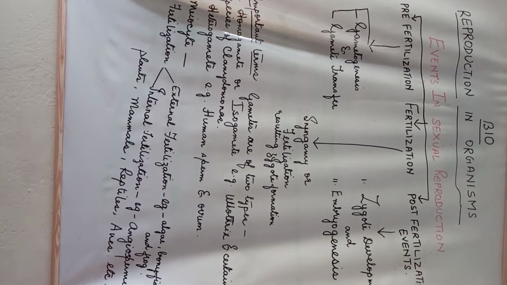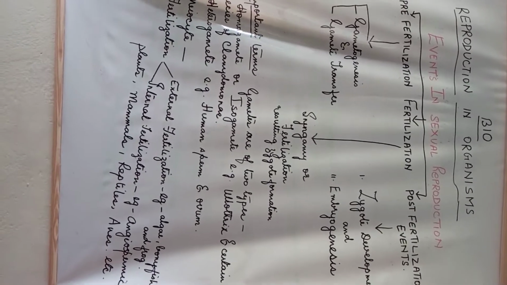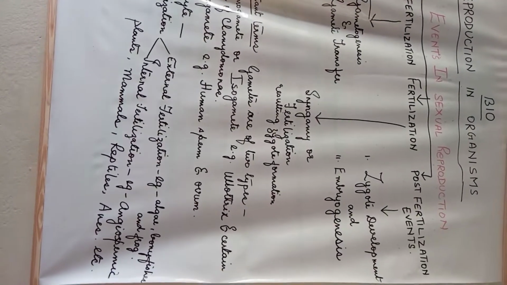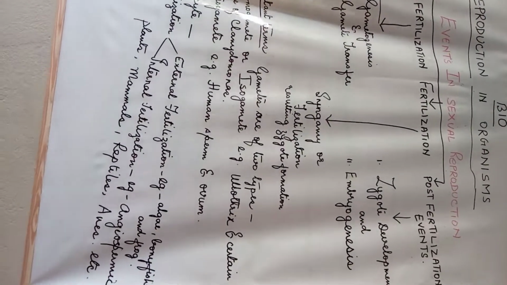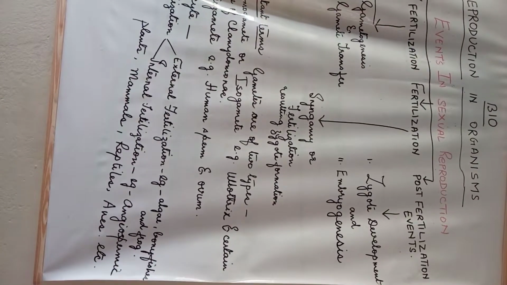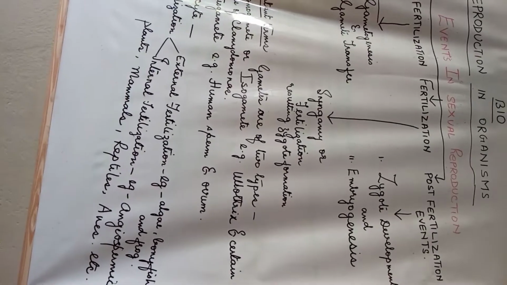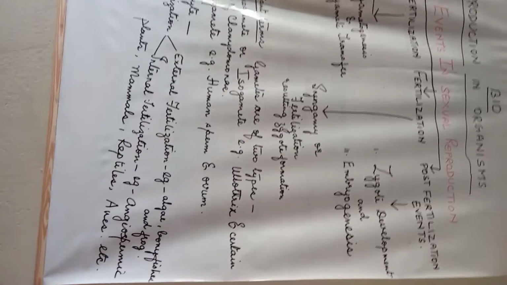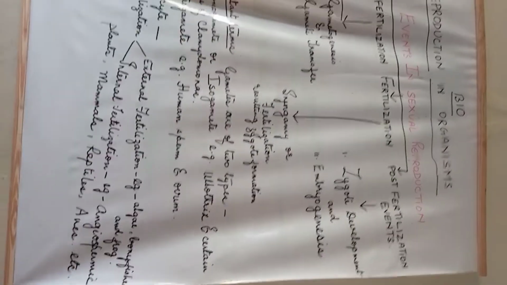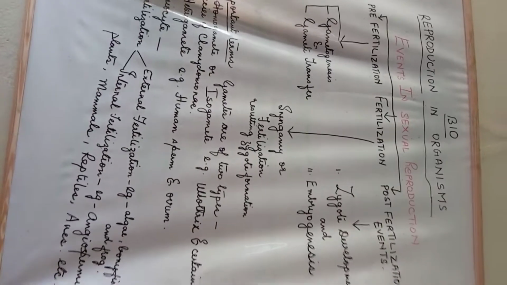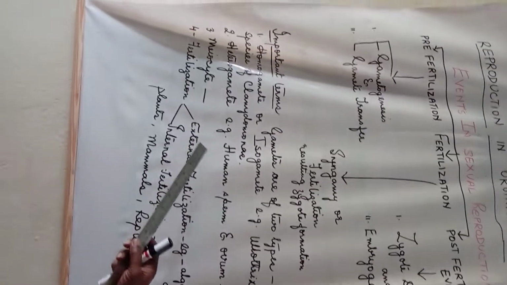If the parent body is haploid, gametes are formed by mitotic division. For example, fungi, algae, bryophytes, and many protists have a haploid body. If the parent body is diploid, gametes are formed by meiosis. Such specialized diploid cells are called meiocytes.